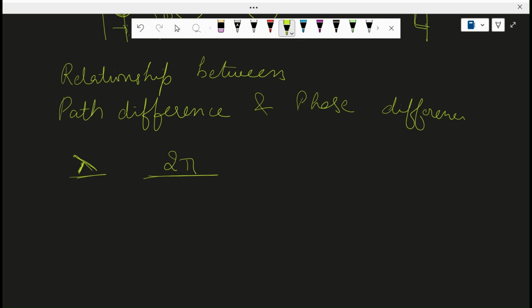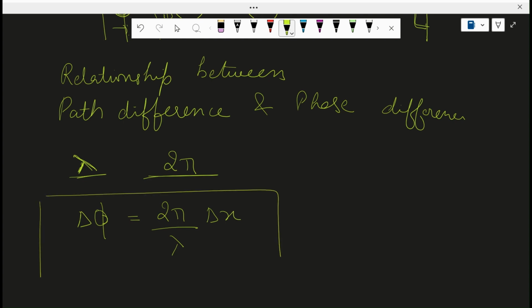If we have a phase of phi, then this would be del phi. It is related to the path difference like this.